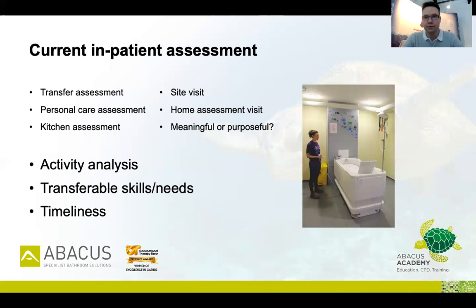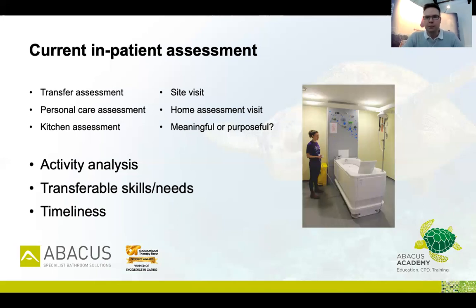The idea of activity analysis is that it is a complex and detailed breakdown of the task, of what we see, to determine what people might be able to do and achieve, or what support they might need, leading to approaches like rehabilitative, compensatory, adaptive, etc.